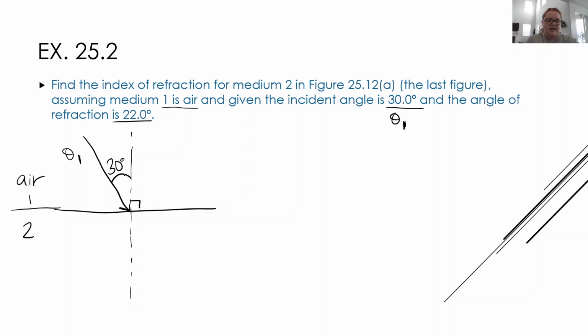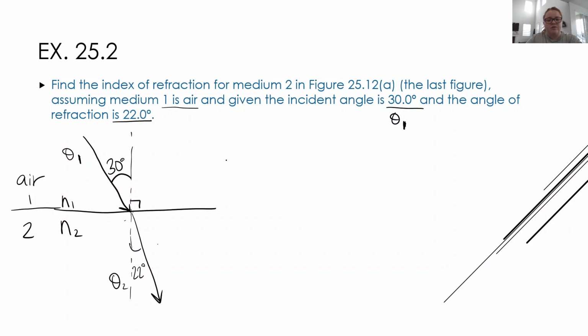It's not as wide, so let me erase that real quick and go like that. This is 22 degrees, and that's theta 2. So we know n1, and we want to know n2.